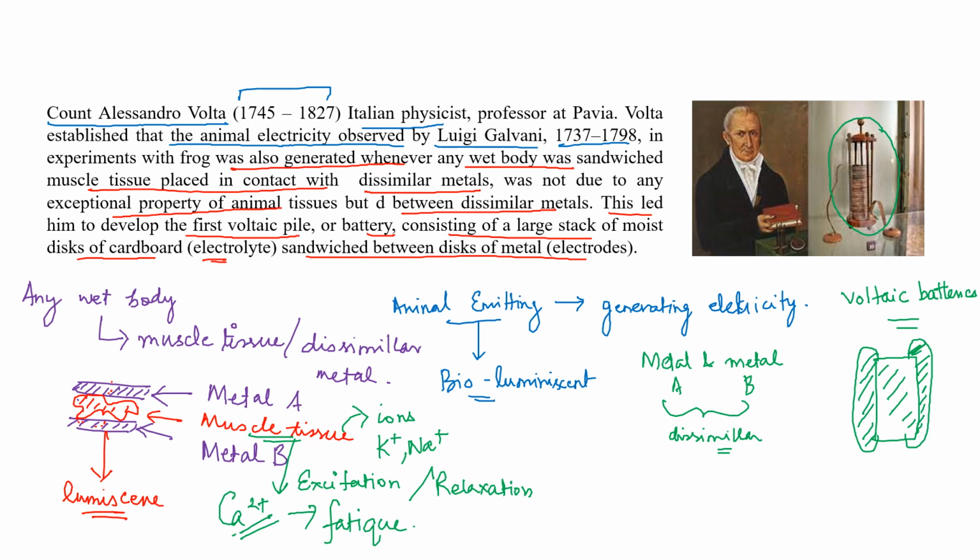So this battery system was understood by Count Alessandro Volta, and then he gave it a defined shape with the help of non-living things, the electrolytes and the metals, which can be used to produce such things without harming any living body.